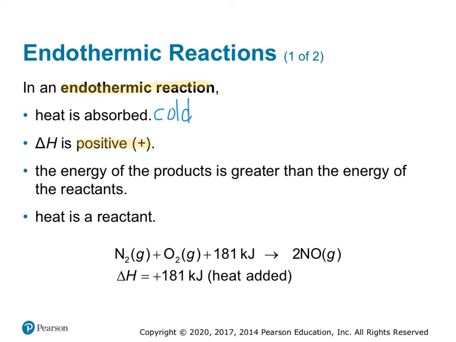So we'll end up with a positive number. Heat is considered to be a reactant because heat is going in, it's being absorbed. So we can write it with the heat as an additional reactant, or we can write it showing that delta H is positive 181 kilojoules.